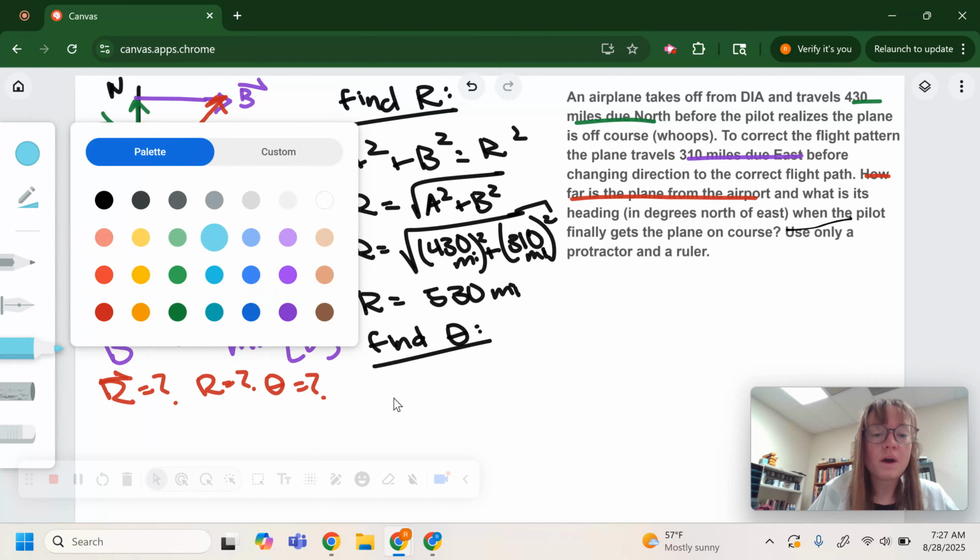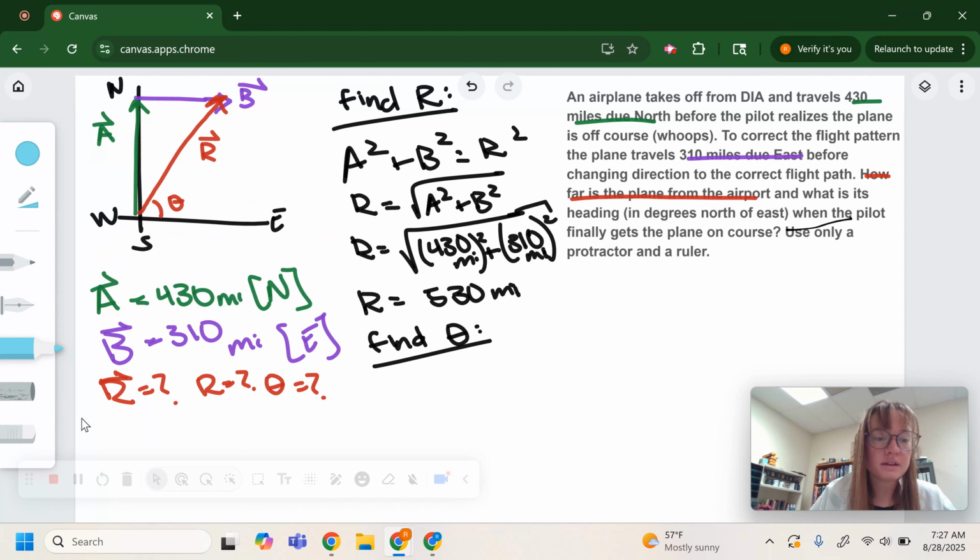One option is to find this other interior angle here. Let's call it phi.